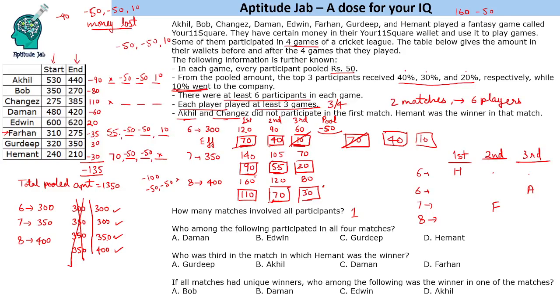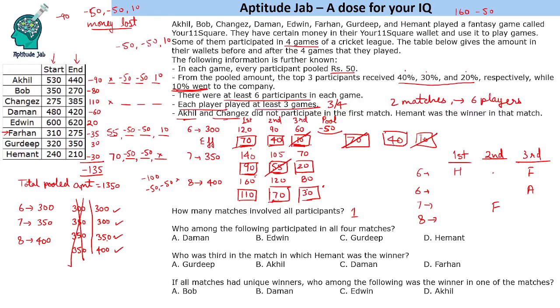So 55 we will knock off, and he will win 10 rupees in one of the matches. So 10 rupees means he came third in this match, which will be the match wherein Hemant was first. So thus far we have filled for these people.